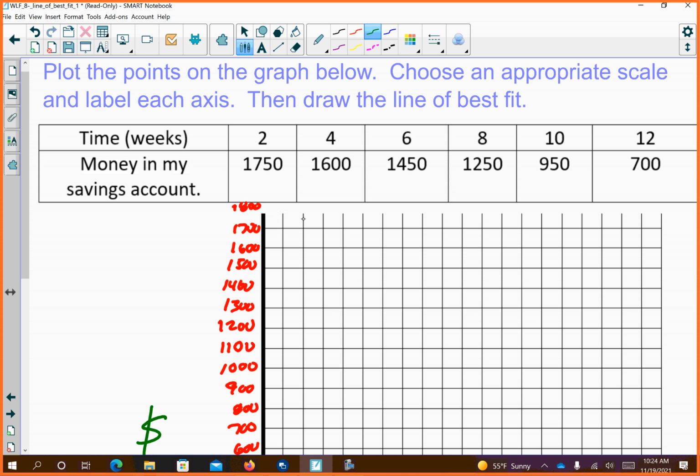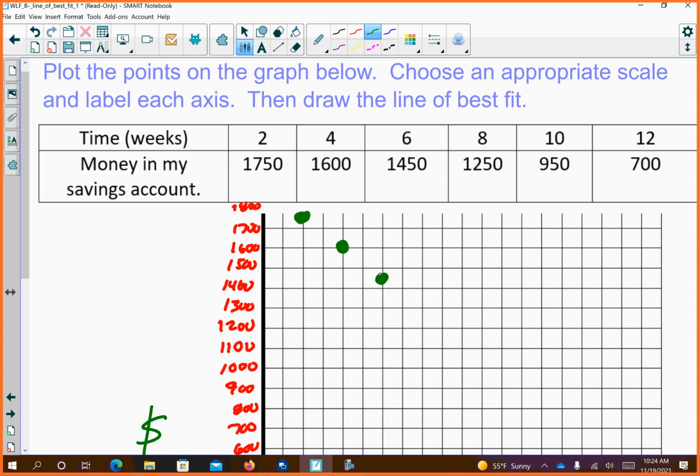At week 2, we're here. At week 4, 1, 2, 3, 4, we're at 1600. At week 6, 1, 2, 3, 4, 5, 6, we are at 1450.